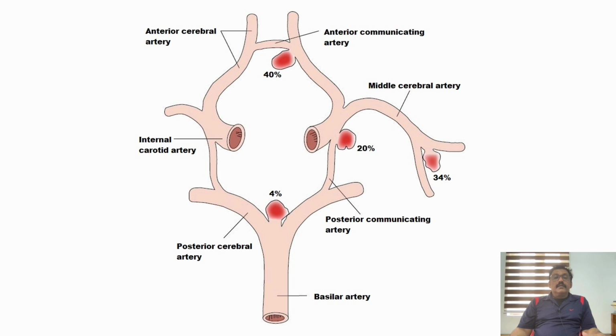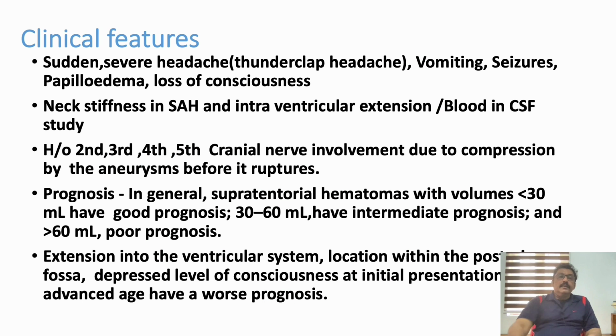Like that, internal carotid artery, some aneurysms can be there, but you can see anterior communicating artery and MCA have the maximum incidence of aneurysms.